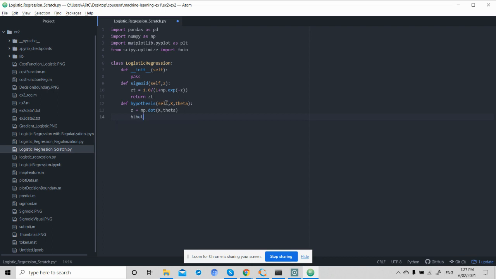So my h theta will be sigmoid of that. We need to include self here, then return h theta.